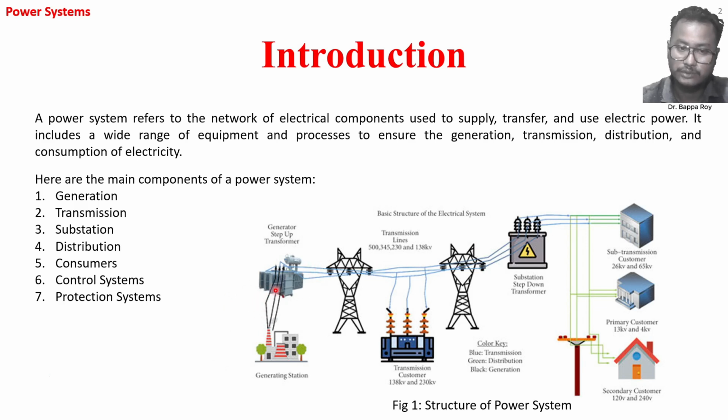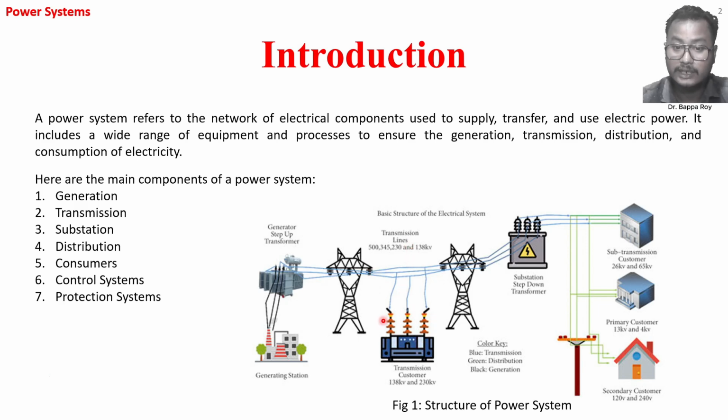Before transmitting we are stepping up to reduce the loss of transmission. While transmitting electric power there are some losses, so we want to reduce that. Because of that, we are stepping it up and transmitting through the transmission line.